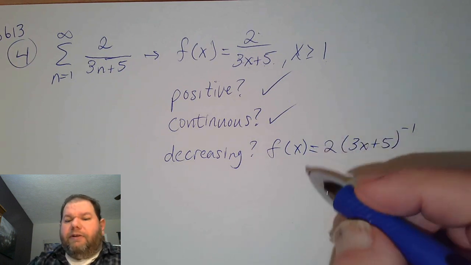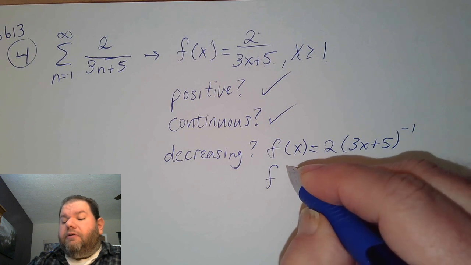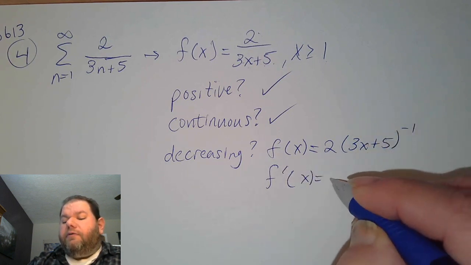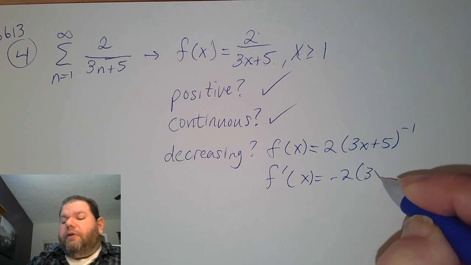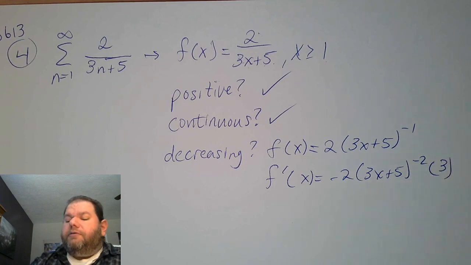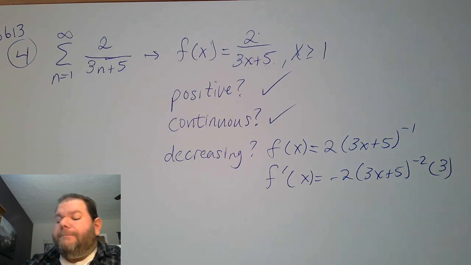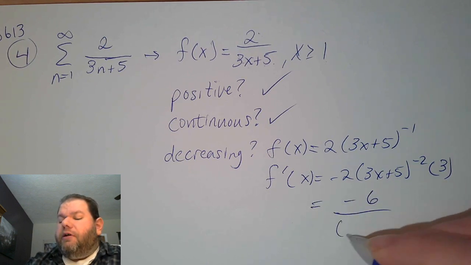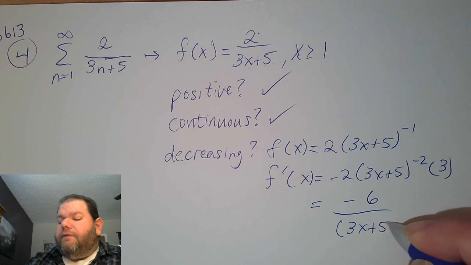That way it'll be a little bit easier to take the derivative. So f prime of x will be negative 2 times 3x plus 5 to the negative 2 times the derivative inside, which is 3. And so that's equal to negative 6 over 3x plus 5 squared.